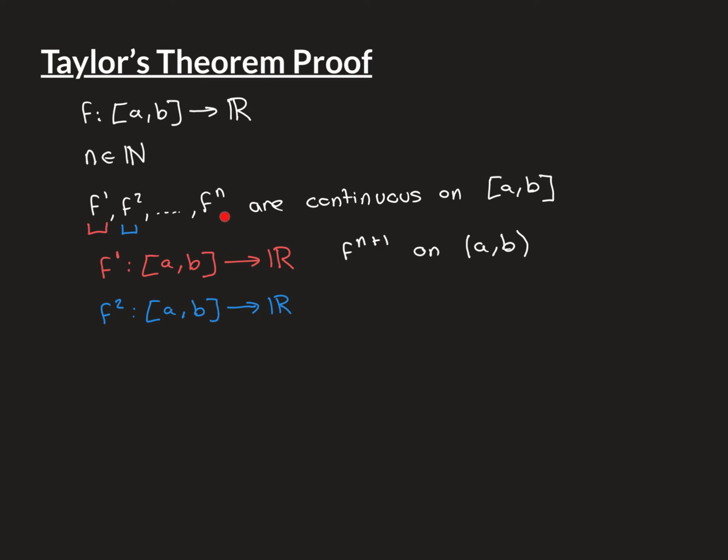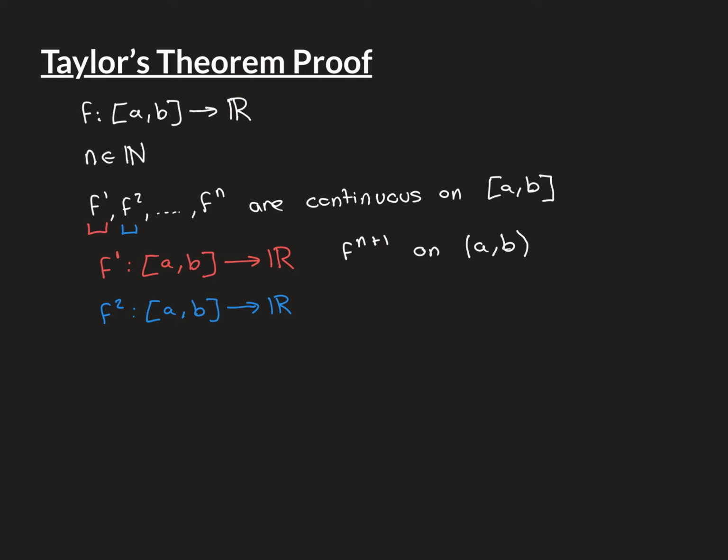And that's why we still need this stated as a separate condition, that this one is continuous on that closed interval from a to b, because it being differentiable on the open interval isn't strong enough to imply that it's continuous everywhere on this closed interval, because the endpoints are the problems. We can't be assured that it will be continuous on those endpoints without stating it as a separate condition.